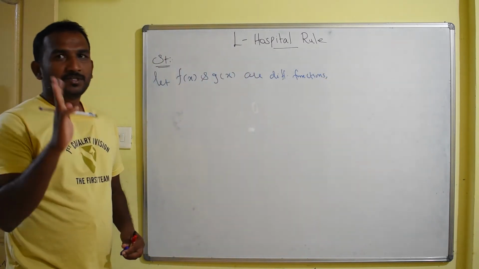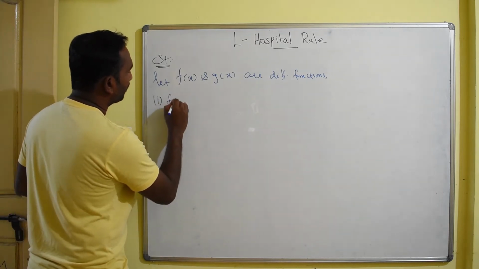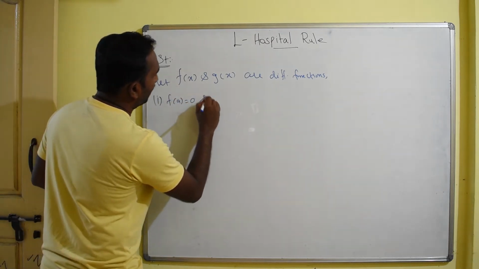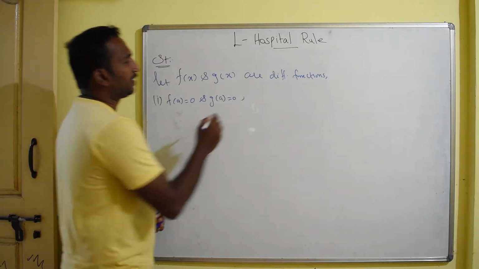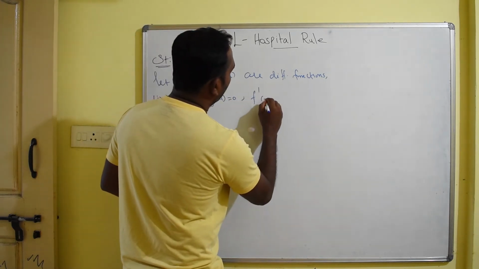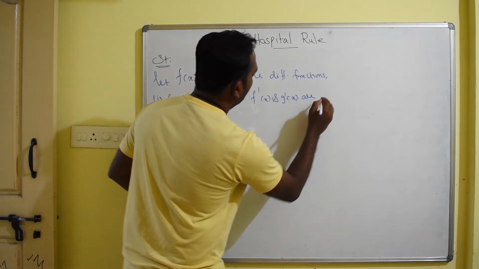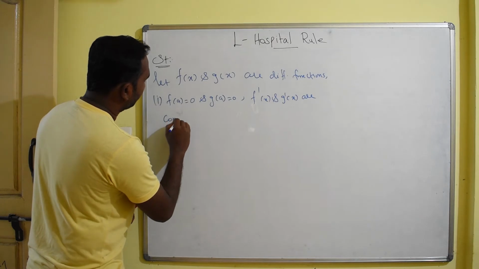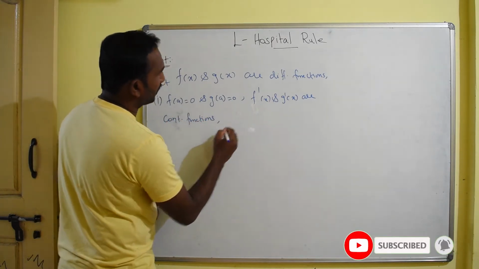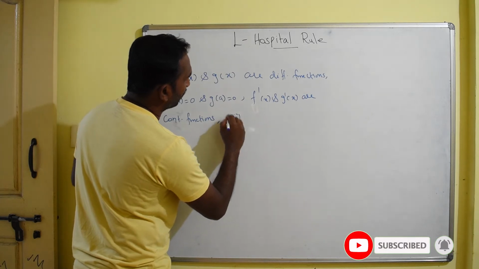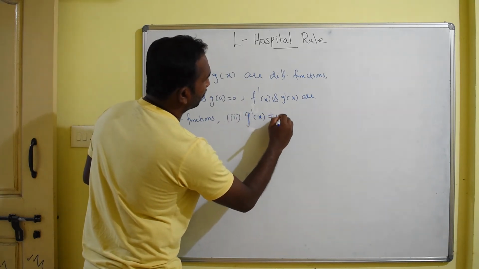and I will choose some three conditions. The first condition, f of a equal to 0 and g of a equal to 0, and second thing, f dash of x and g dash of x are continuous functions, and the third one, the important one, g dash of x should not be equal to 0.